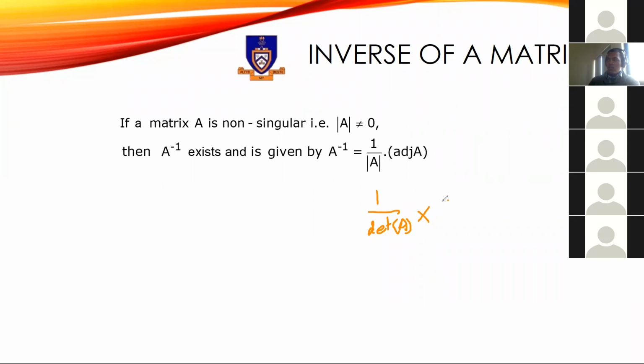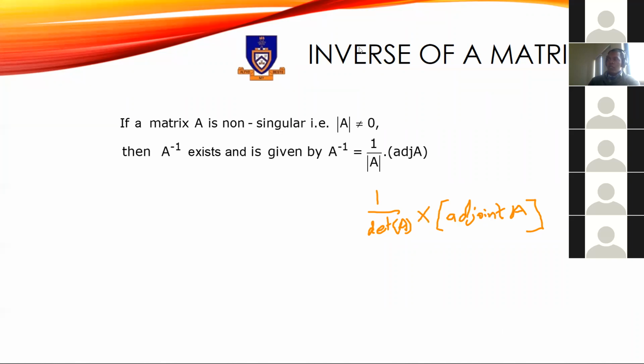So the adjoint of A is something that we haven't spoken of yet. So we have something called an adjoint, and we will look at the adjoint there. So the adjoint of A, that means the adjoint of matrix A. And this is how we will be applying the inverse formula all the time.